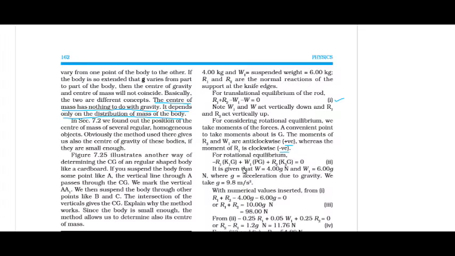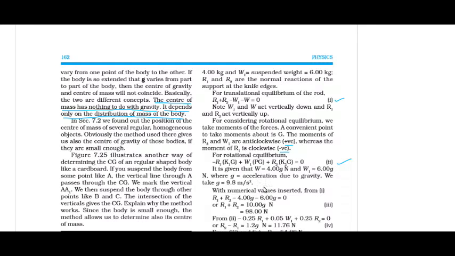So for rotational equilibrium, we can write minus R1 multiplied by K1G plus W1 multiplied by PG plus R2 multiplied by K2G is equal to 0. This is equation number 2.